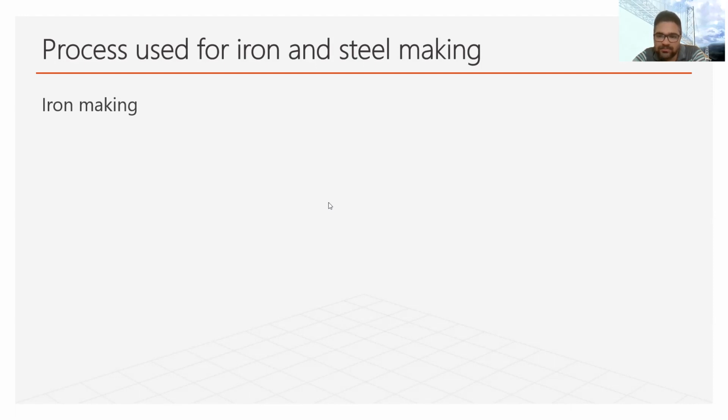In the blast furnace, they are removed or added using the coke and crushed limestone. The resulting material that we get is basically the cast iron, and this cast iron contains carbon, sulfur, and phosphorus.